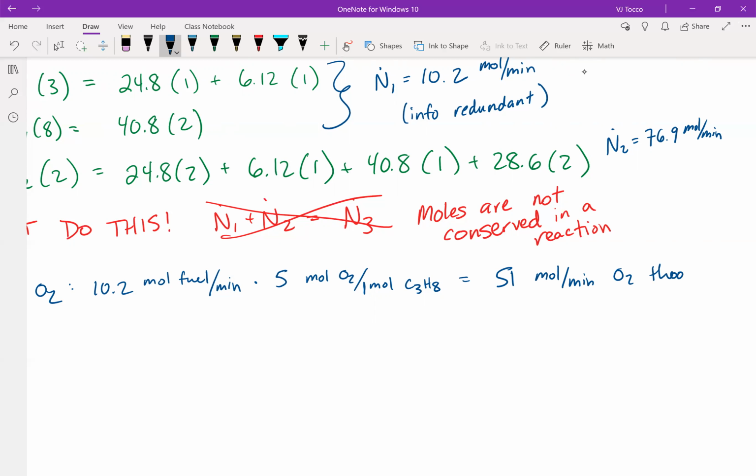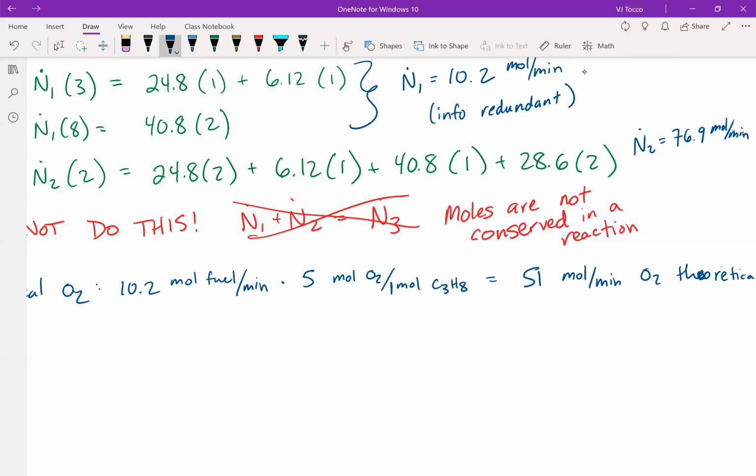All right, so to work out excess, I can either go to my book or just rationalize. Theoretical is difficult to spell, I guess. Okay, so the equation for excess reactant is fed minus theoretical over theoretical.